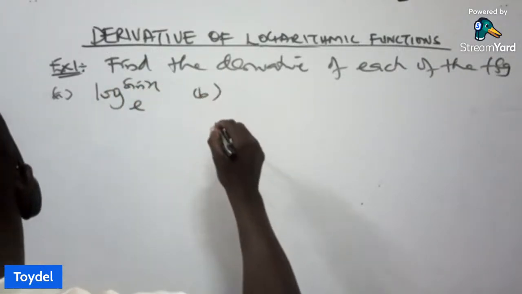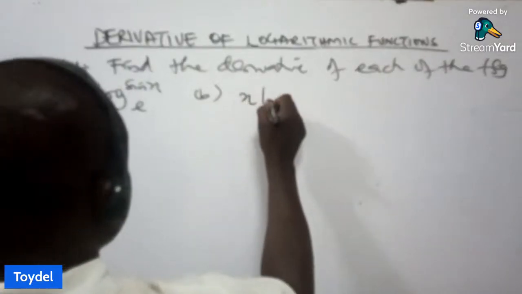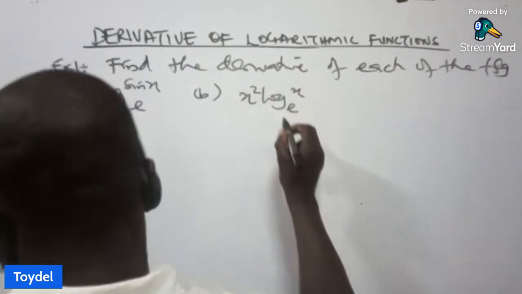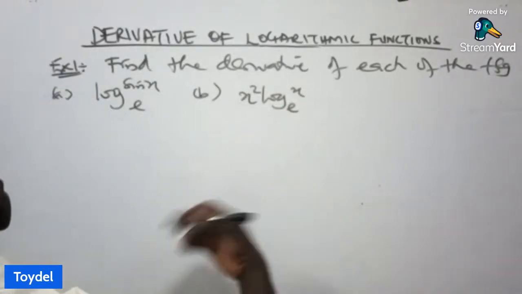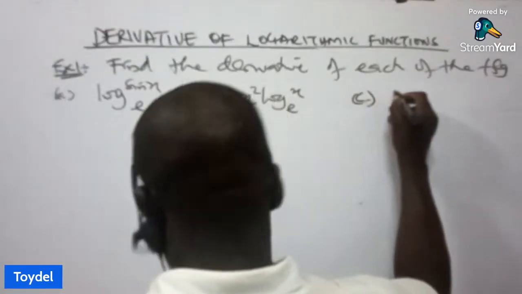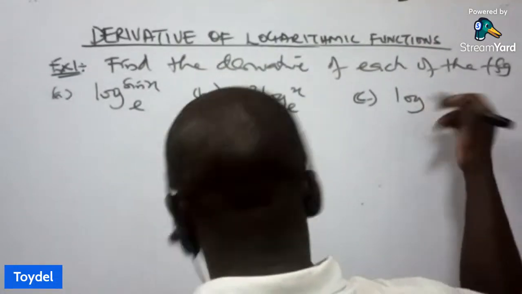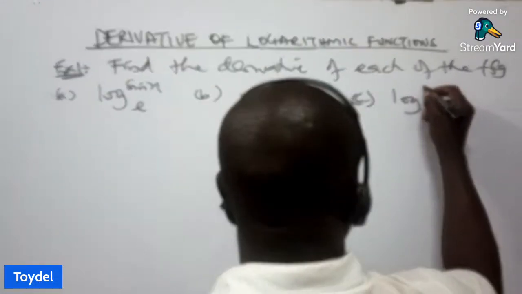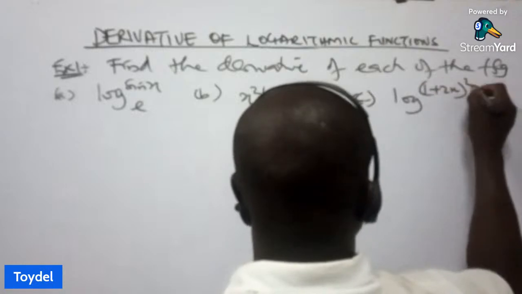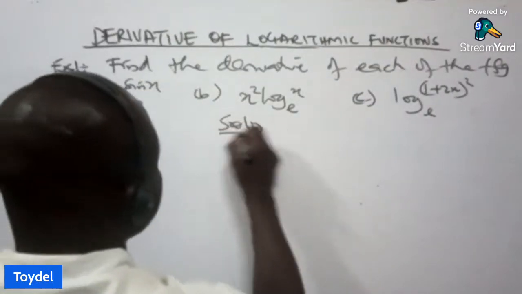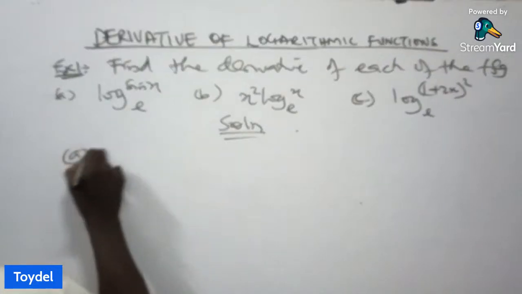Then B, we have x log x base e, that is x squared. Then C, the third one, we have log base e of (1 plus 2x) all squared. Okay, this is what we have. So how do we solve this? We start from the first one.